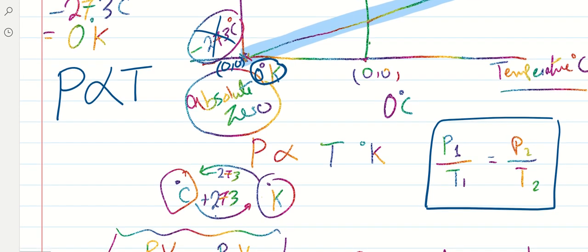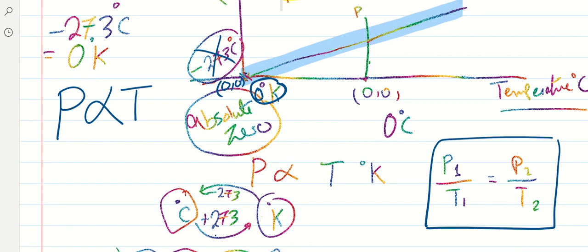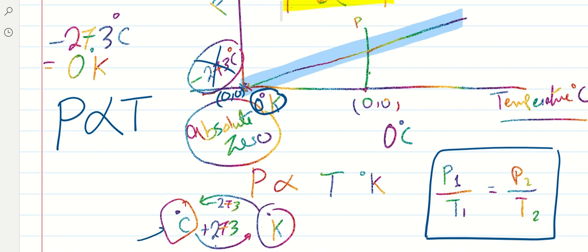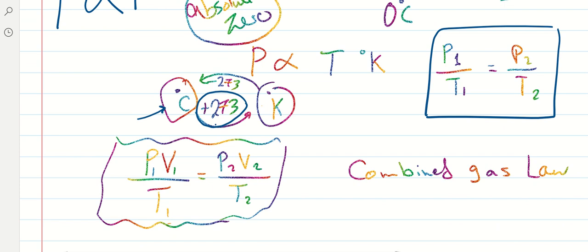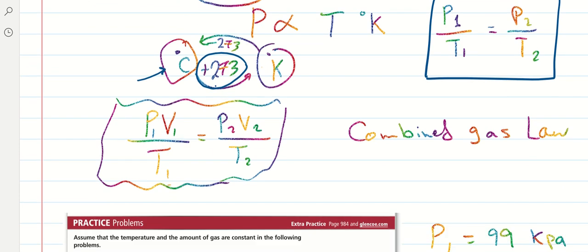How to convert from Celsius to Kelvin? We convert from Celsius to Kelvin by adding 273. How to convert from Kelvin to Celsius? By subtracting 273. Okay, let's go to our questions. The last thing is the combined gas law.